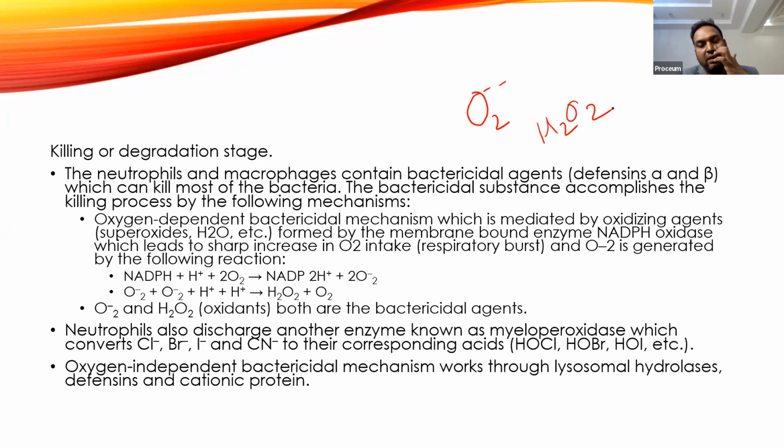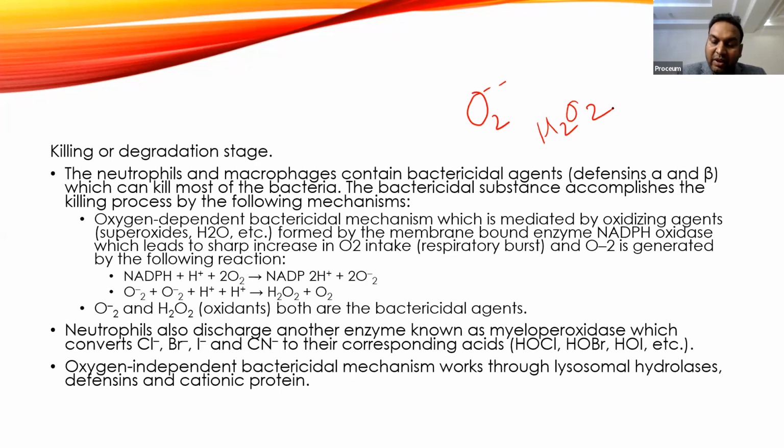So both nascent oxygen and H2O2 will act on the cell membrane of the bacteria, and the different lipids and proteins in the bacteria, oxidize them, disturb their integrity and kill the cell. Apart from this, the neutrophil also releases the enzyme myeloperoxidase, which will convert chloride ion or bromide ion into acids, and these acids also act on the cell and try to kill it.